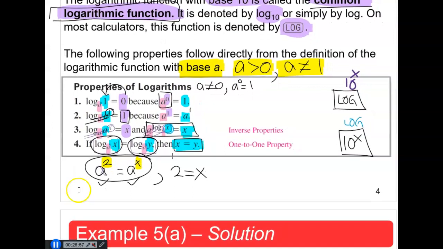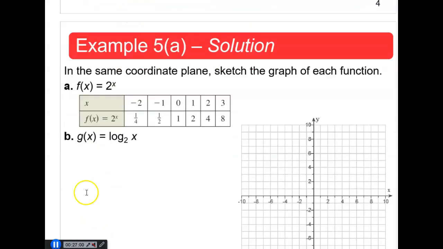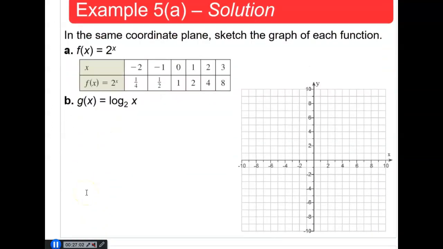So let's move on to our next example. And for this one, we're going to be graphing both the exponential function f of x equals 2 to the power x, and the inverse function, which will be g of x equals log of x base 2.